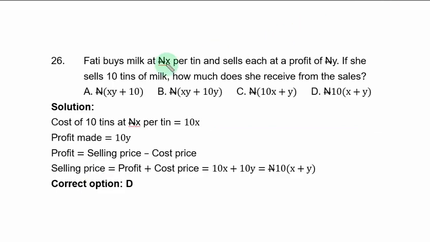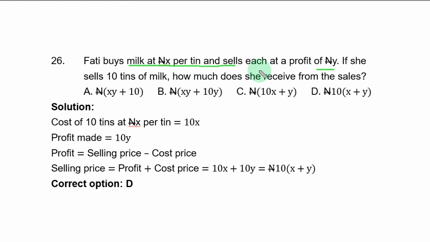Question 26. Fati buys milk at S naira per tin and sells each at a profit of Y naira. If she sells 10 tins of milk, how much does she receive from the sales? How much here is the selling price?